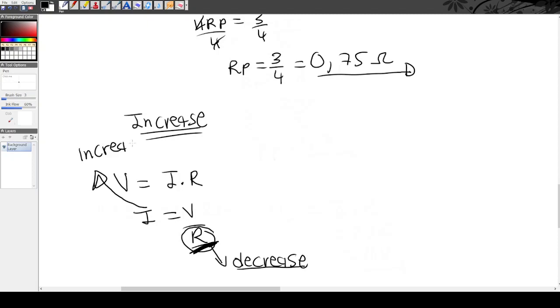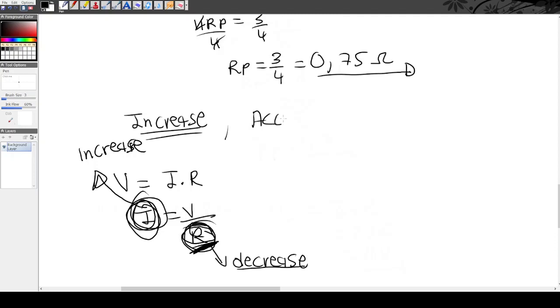Why will I increase? It will increase because these two are inversely proportional. R is on the denominator and I is on the numerator. So this is how we can explain this.